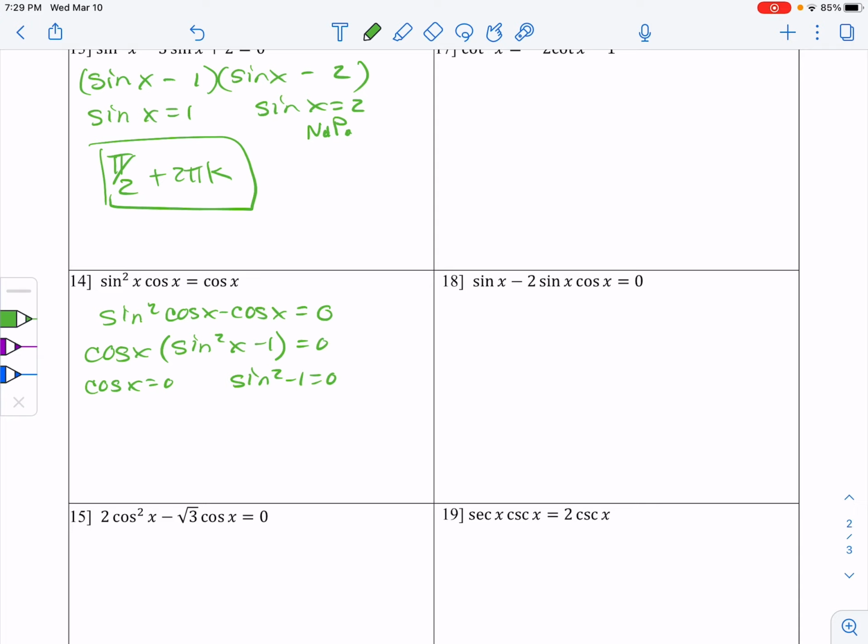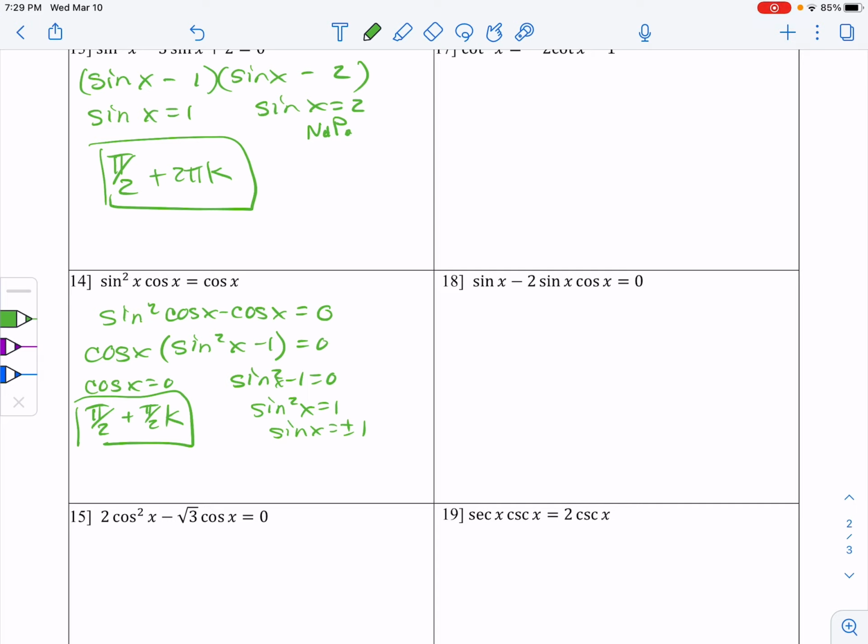Well, the cosine's 0 at pi over 2 and 3 pi over 2, so I can add pi over 2 k. The sine squared, oh, I need an x, equals 1, so the sine of x equals plus or minus 1.